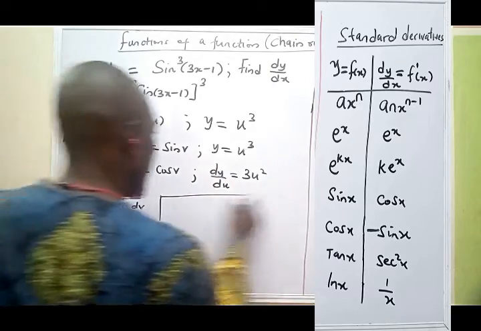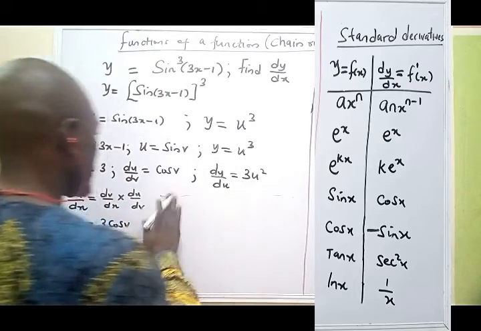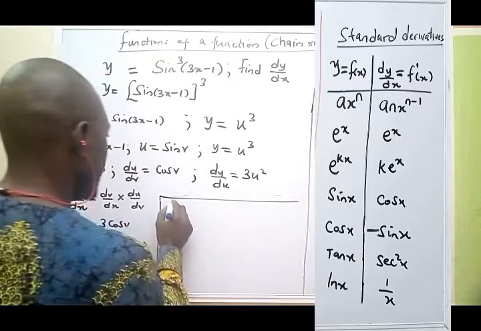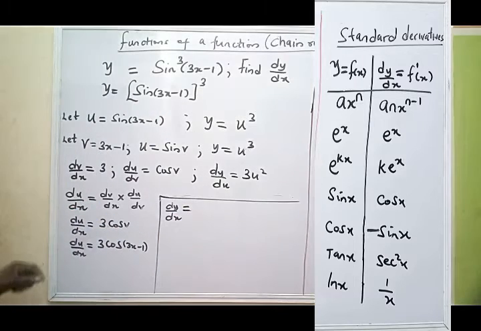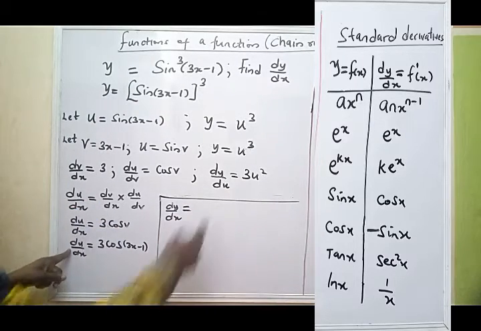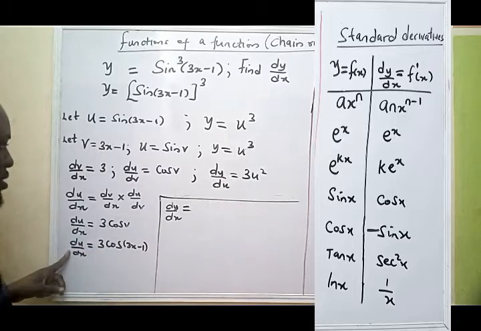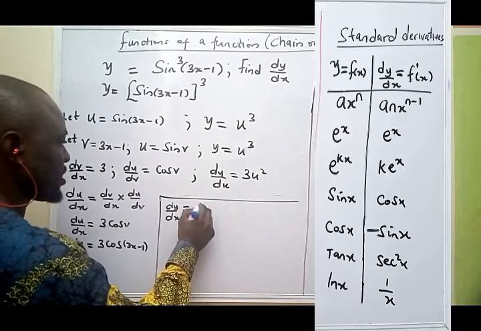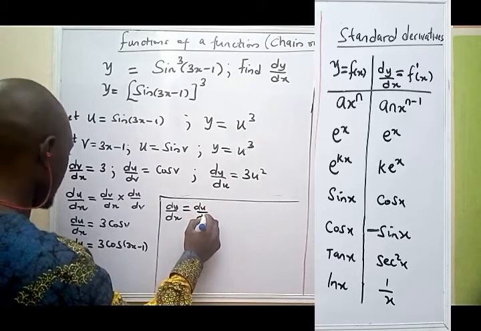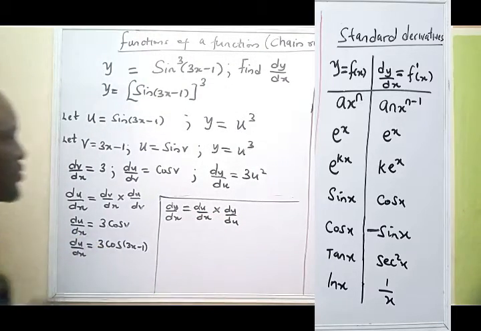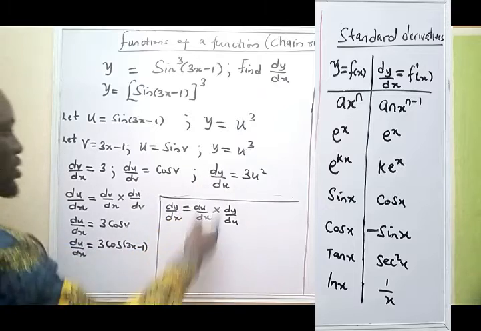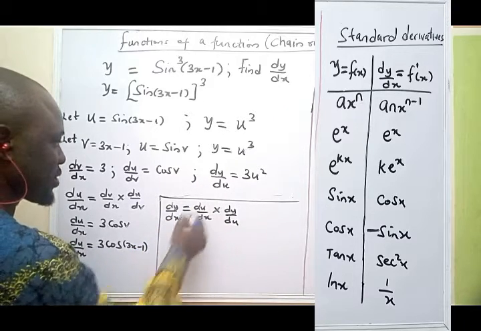Now the next thing I'm going to do, I already know dy/du. Now I want to find dy/dx. The dy/dx will be the derivative of this multiplied by the derivative of that. So dy/dx will be du/dx times dy/du. If I multiply these two, it will still give me dy/dx. This cancels this.